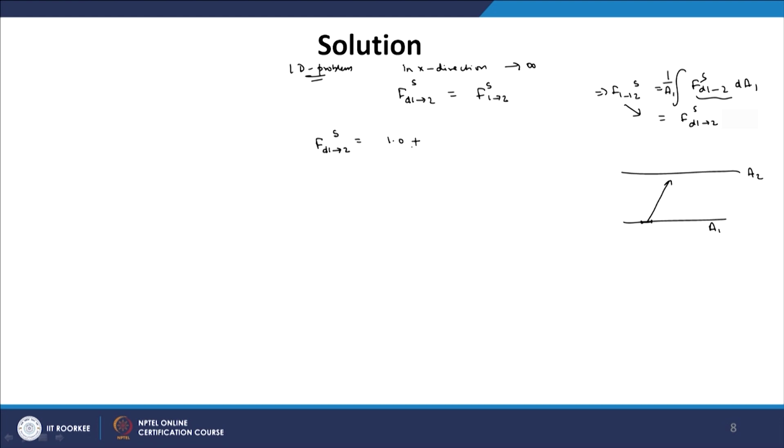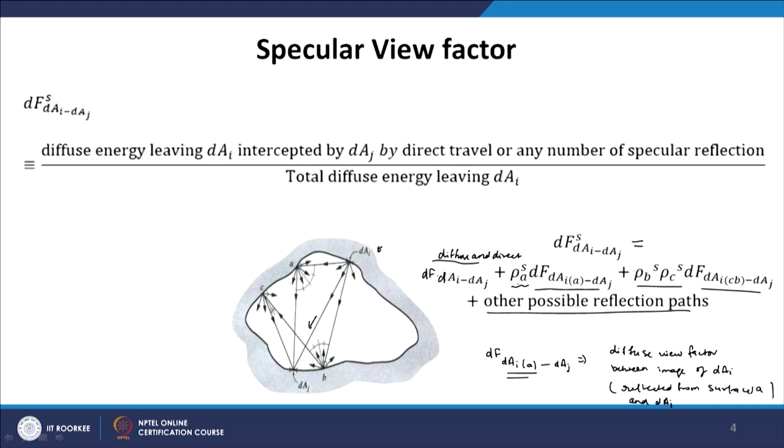Then the second part is the reflected component. So, we have the reflected part, this is going to be rho 2 specular, and this is going to be rho 1 specular times rho 2 specular. Just look at the relation once again. We have rho A specular times the view factor between the image dAi and dAj. That same thing we have done.